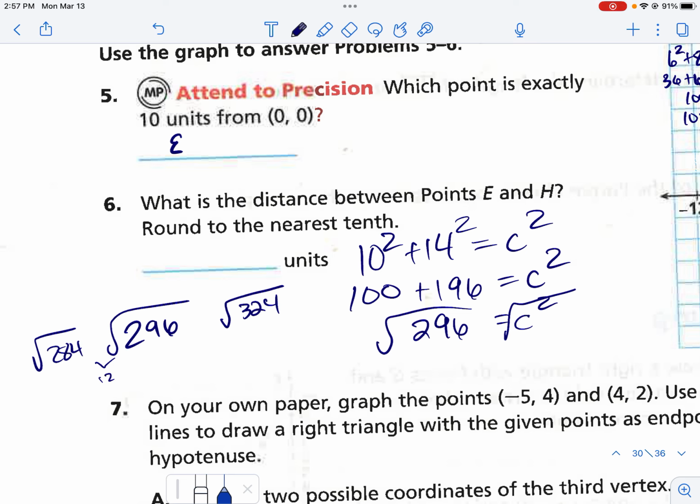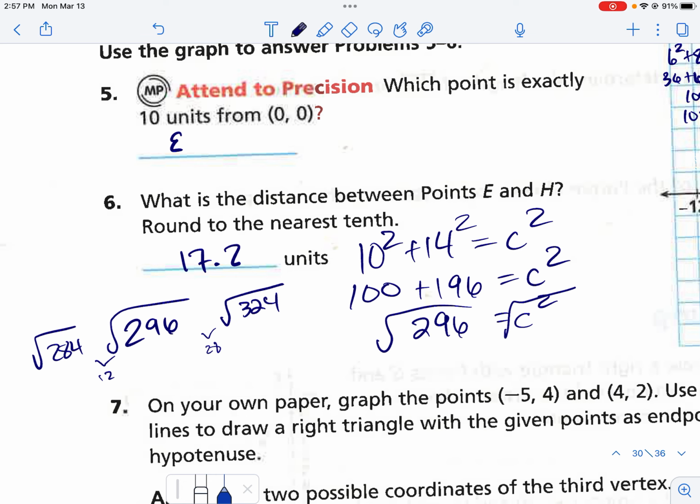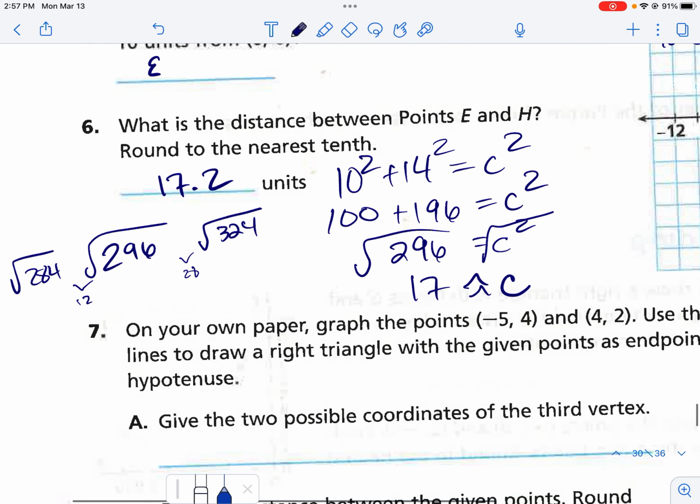This is only 12 away. This is 24 plus 4, 28 away. So I'm going to go with 17.2-ish. So it's approximately 17.2. Oops, I forgot the 0.2.